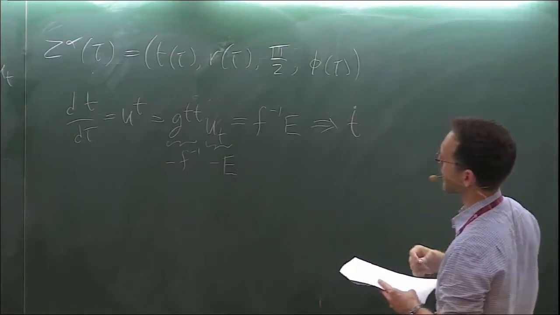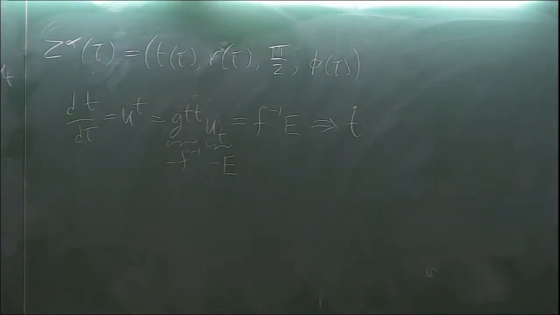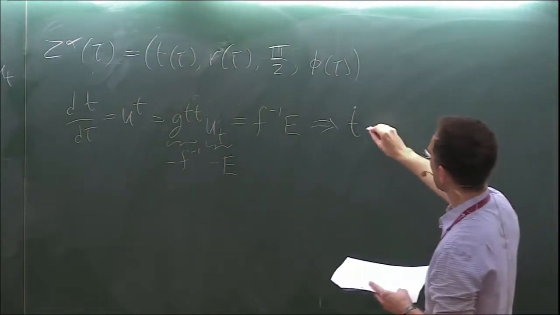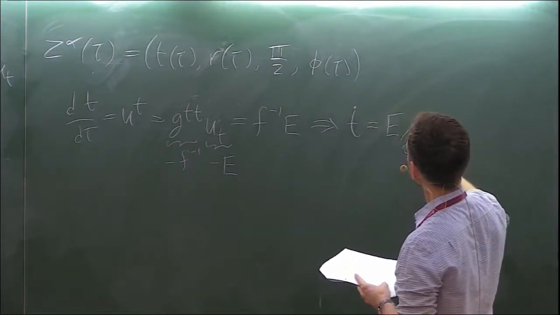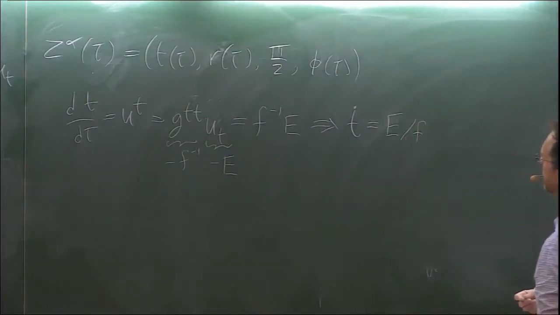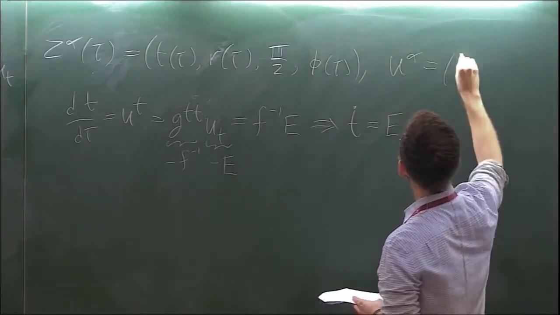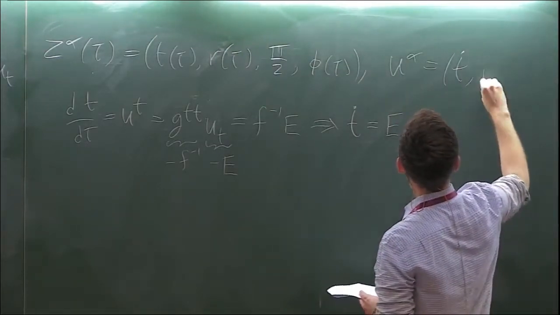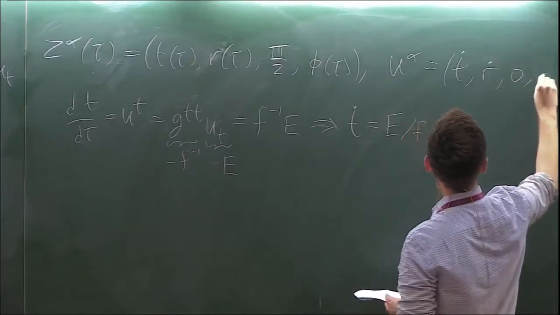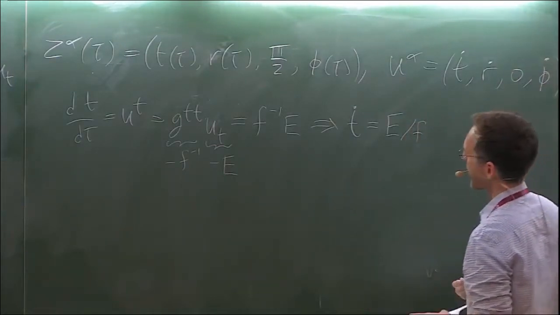So dot here means derivative with respect to proper time. t dot is E over f. Just write that out explicitly. u^α I'm writing as t dot, r dot, 0, phi dot.